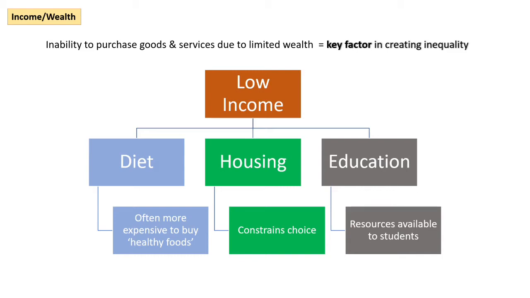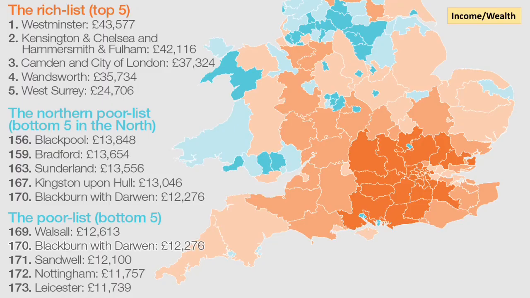Where we have countries where there isn't such a gap between the rich and the poor, we often see less of these kinds of problems occurring. It's not just wealth that we need to consider, we also need to think about disposable income.